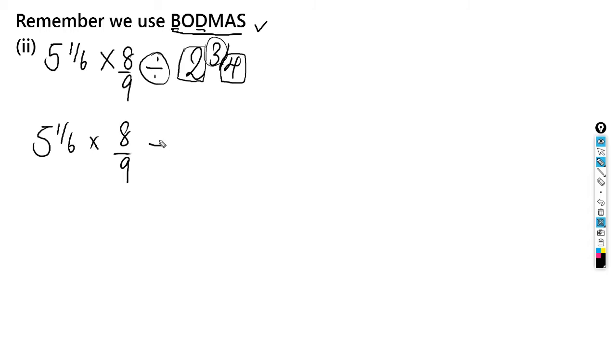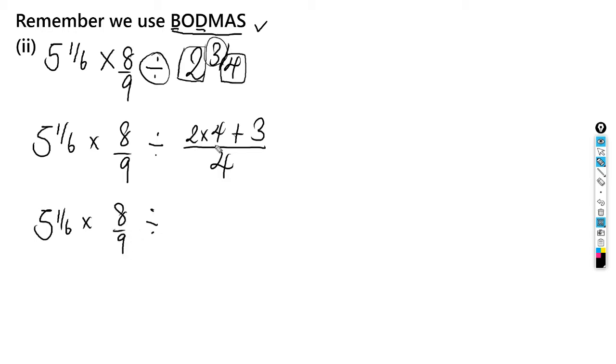So 2 times 4 plus 3, which is 8 plus 3, over 4. So we're going to end up with 5 and 1 over 6 multiplied by 8 over 9 divided by 11 over 4. We're going to divide first.